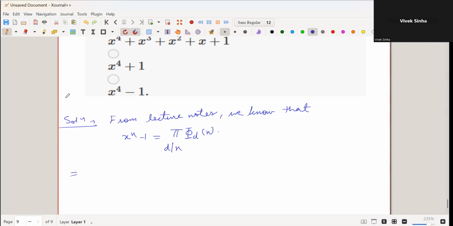This implies x^8 minus 1 would be the product over d dividing 8 of the cyclotomic polynomial phi_d(x).